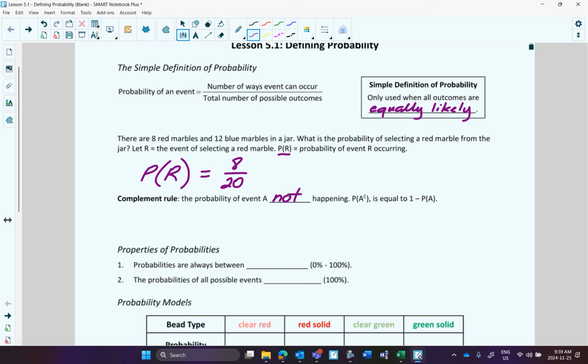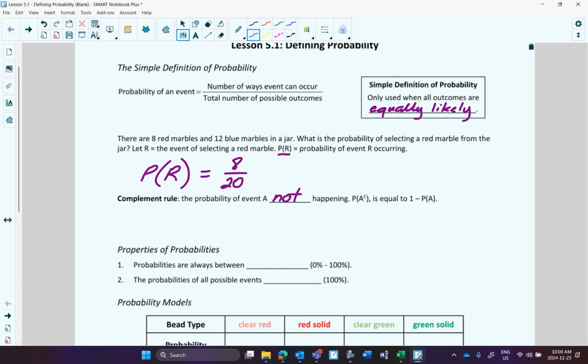All the probabilities in a situation will add up to 1. So when I roll a die, there's 6 different events, each 1/6, and all those events add up to 1. So to find the probability of something not happening, we do 1 minus the probability of it happening.